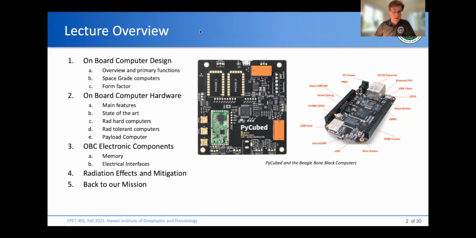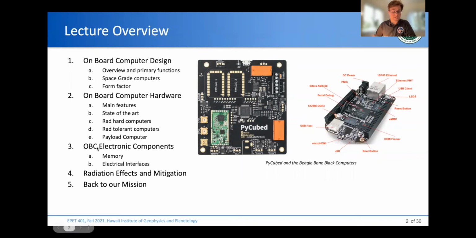Then we'll be talking about the onboard computer hardware, the main features, some state-of-the-art computer examples that are out there, rad-hard computers, rad-tolerant computers, what's the difference between them, and then an example for a payload computer.